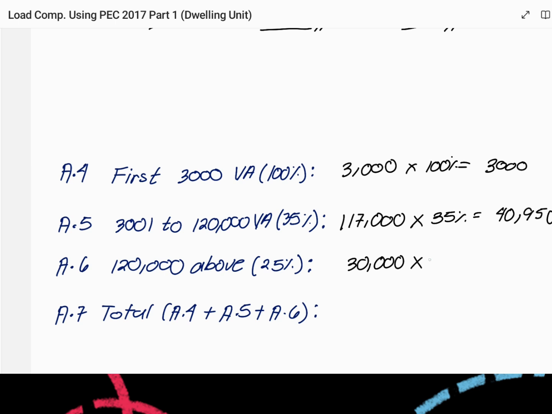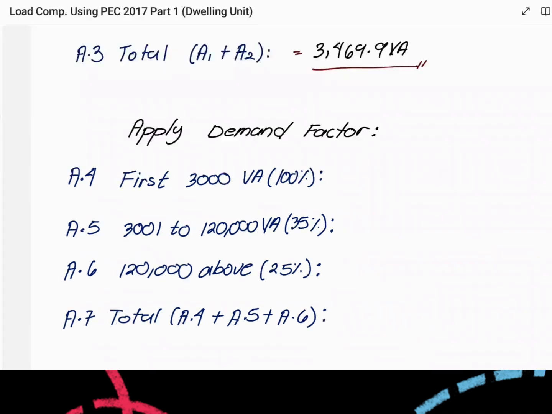Then 30,000 times 25%, that is 7,500. Then sum up all the power. So we get 51,450 VA.